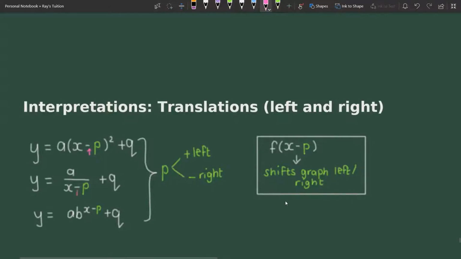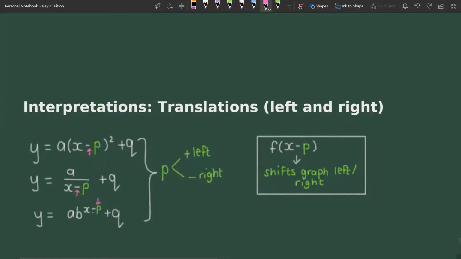This negative that's in every one of them swaps the direction, and that's why positive is left and negative is right. Another way a shift can be written is f of (x minus p), and this indicates that the graph has been shifted left or right.